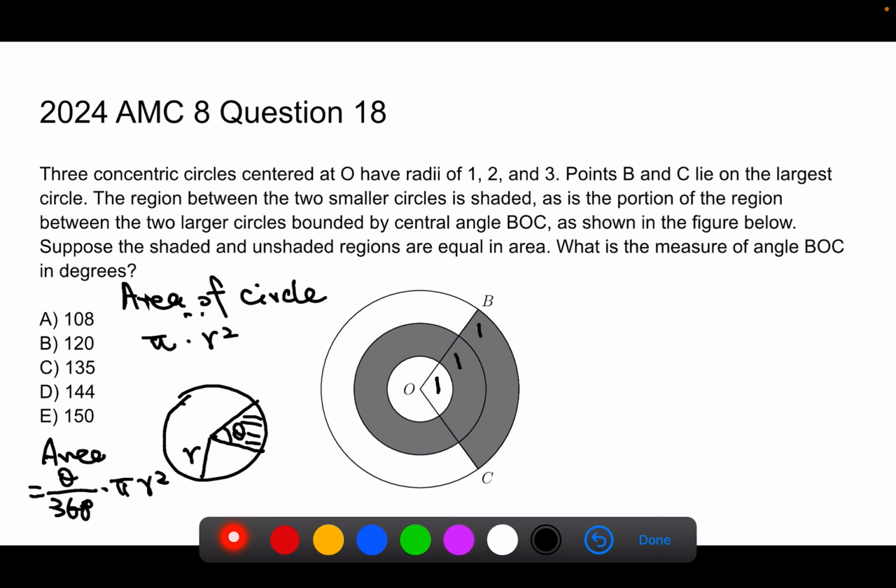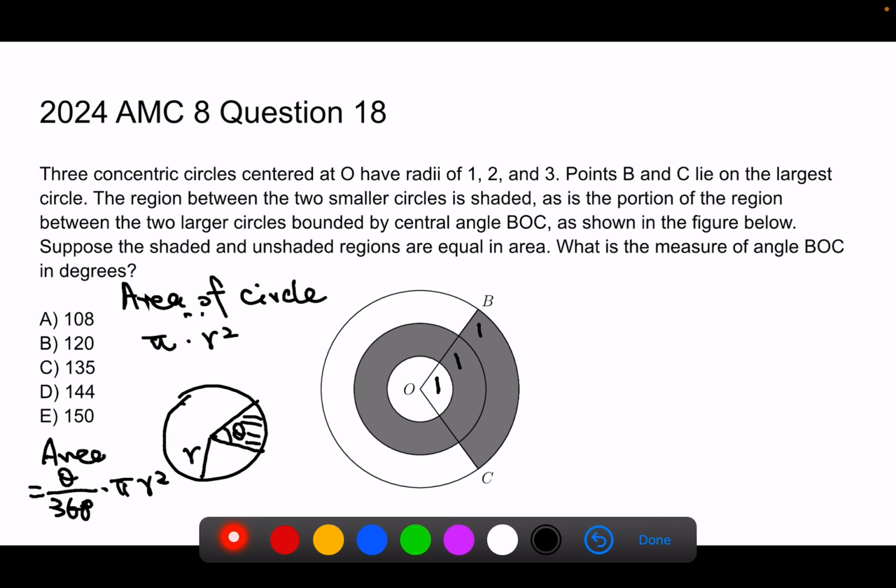Now let's see, how do we actually solve for it? It's not easy, and also be careful, it's easy to make a mistake in this question. So let's see how it goes. Firstly, the shaded and unshaded areas are equal, which means they are both half of the total area.